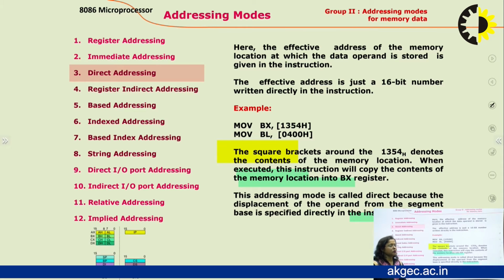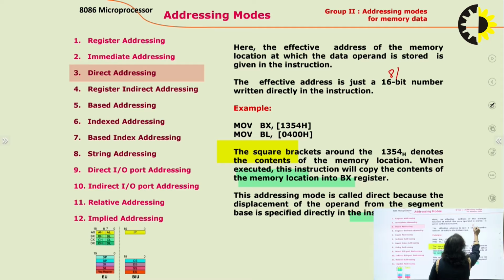So various addressing modes consist of different combinations of base, index or displacement. In case of direct addressing, the effective address is specified using displacement only. So the effective address is just an 8 or 16-bit displacement.